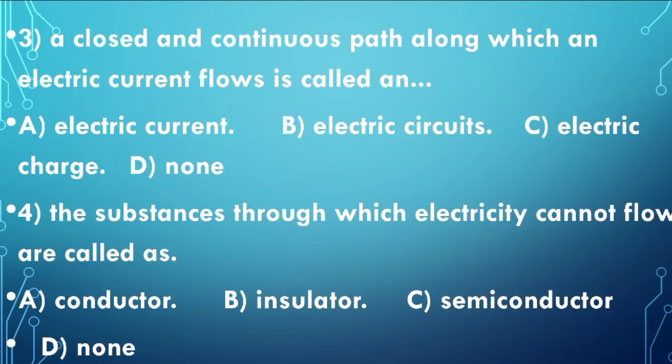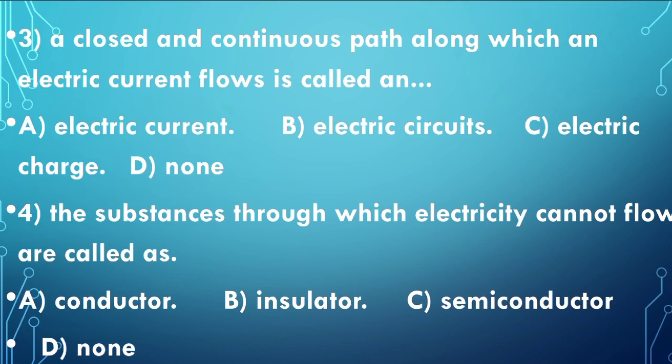A closed and continuous path along which an electric current flows is called an. A closed and continuous path, children, it's a closed circuit, along which an electric current flows. So when the current is flowing in a closed path, what is it called? The options are electric current, electric circuit, electric charge, and none.